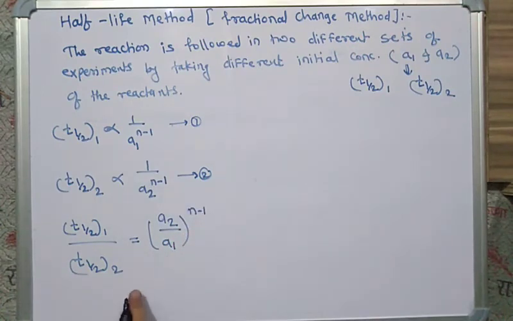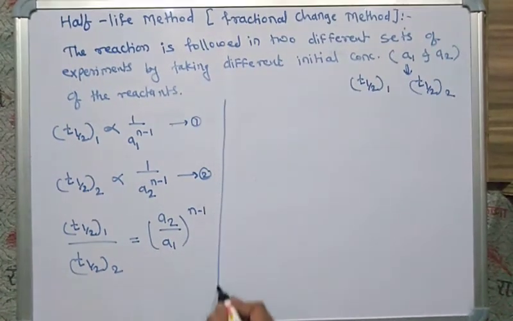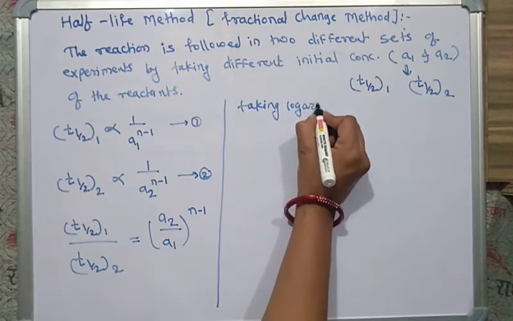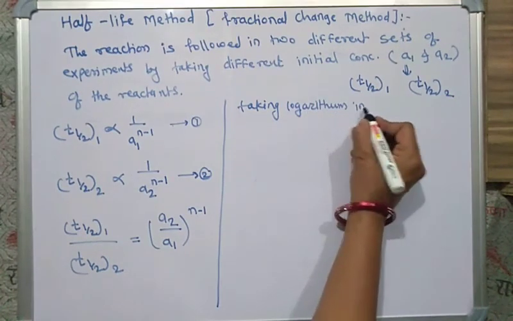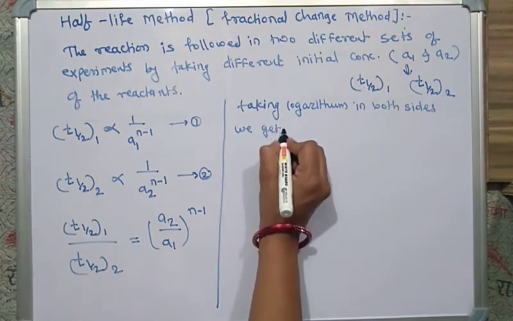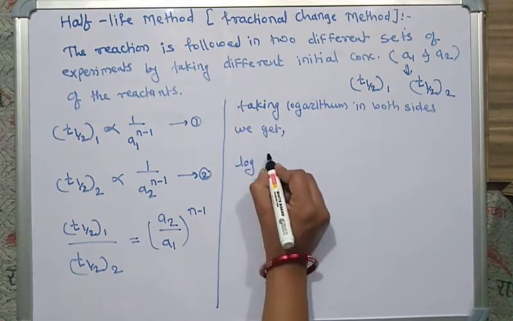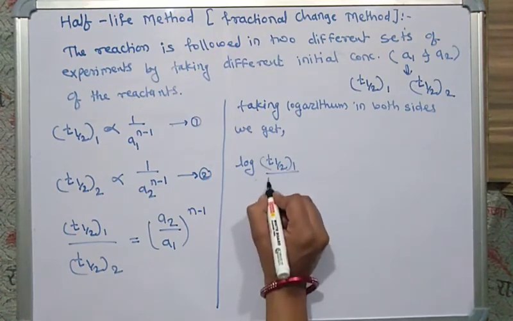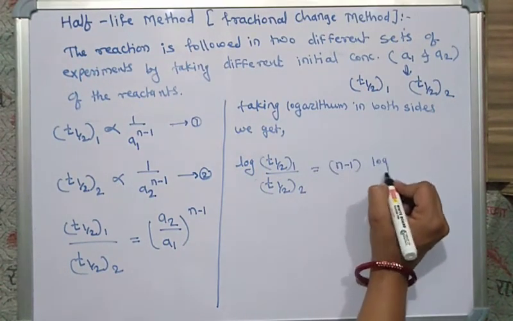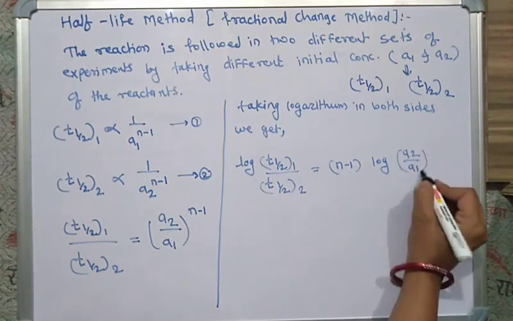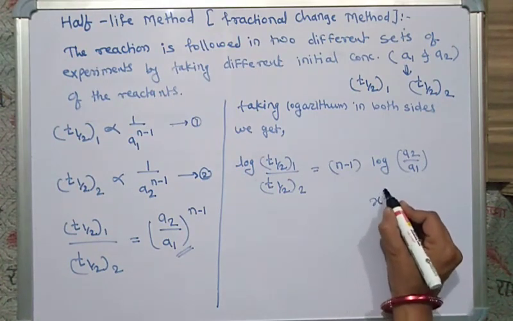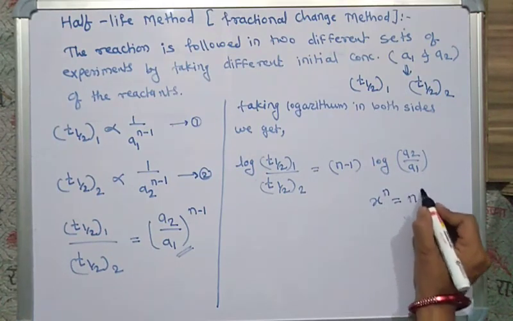In this equation, if we take the logarithm of both sides, we get log of T half of 1 divided by T half of 2 is equal to n minus 1 log of A2 divided by A1, where we know that log of x raised to n is written as n log of x.